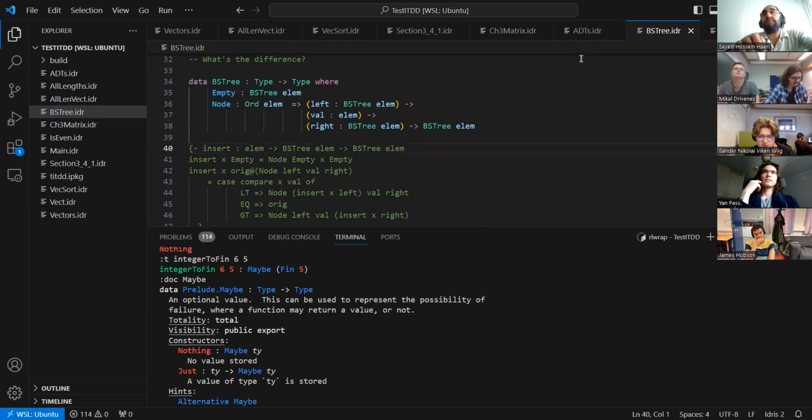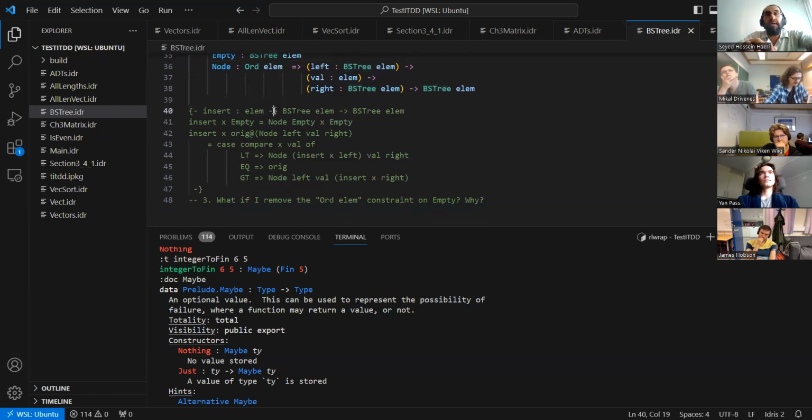There is absolutely nothing wrong with having no orderedness requirement on the element type here in empty, because they are returning different types, and who cares whether one of them is ordered and the other one is not. Now, where this becomes a problem is exactly where James said.